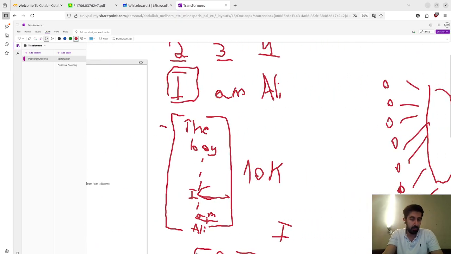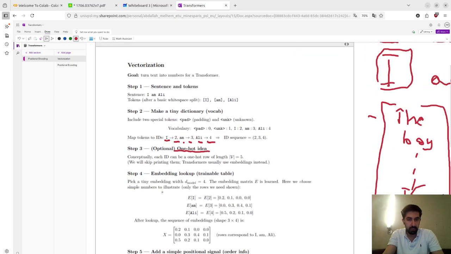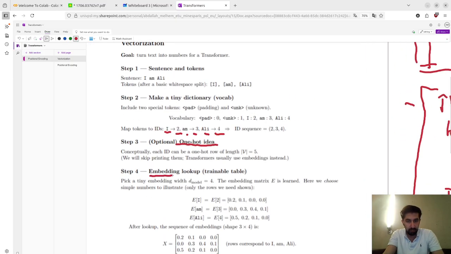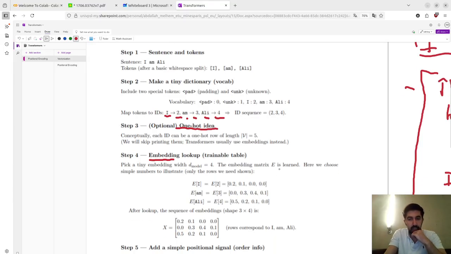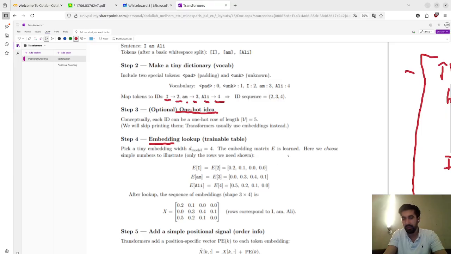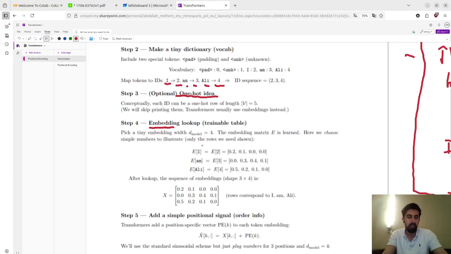We do the same for Ali. So this is what I just explained over here in the embedding trainable table. This embedding is a neural network that's learned, and for example, I, after passing it through the neural network, would get this vector, and Ali would get this vector. You'll say to me, you just said that it's of size 512.